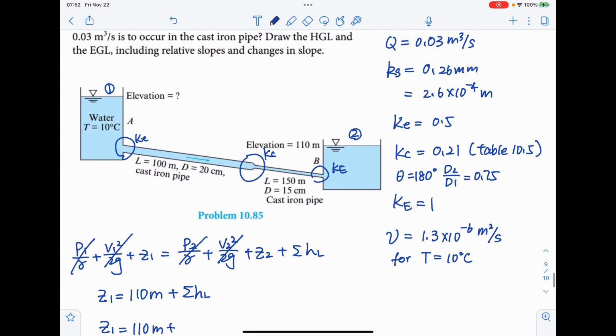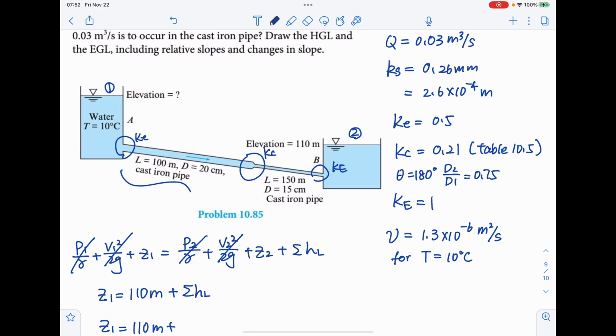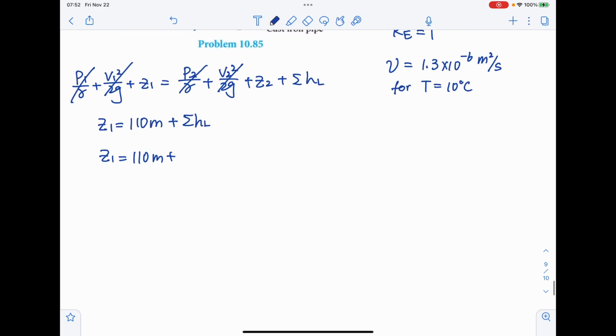So first we're gonna do pipe 1, the first pipe here. It will be K entrance plus f1 L1 over D1, times V1 squared over 2g. So this V1 is not the V1 in the energy equation. Or we can see it's something like that.